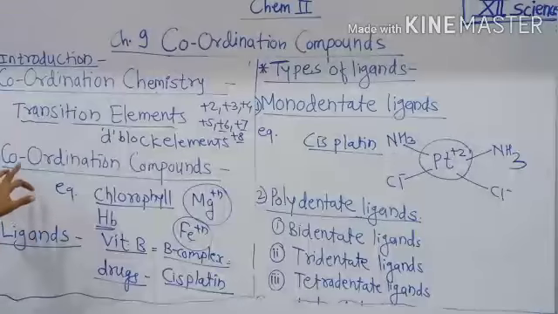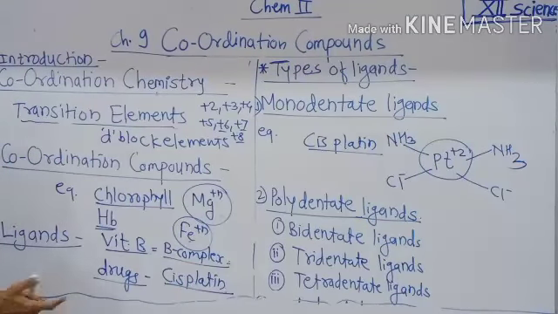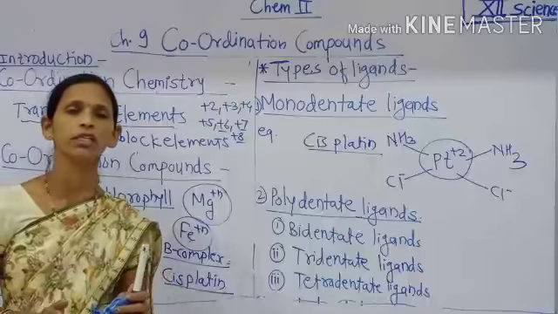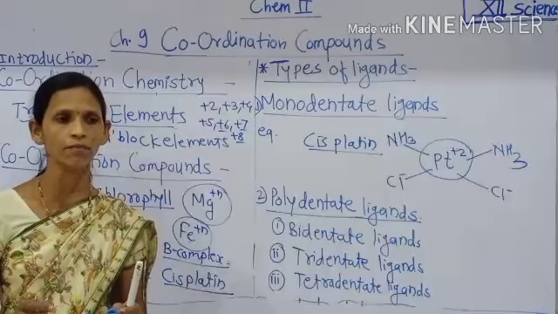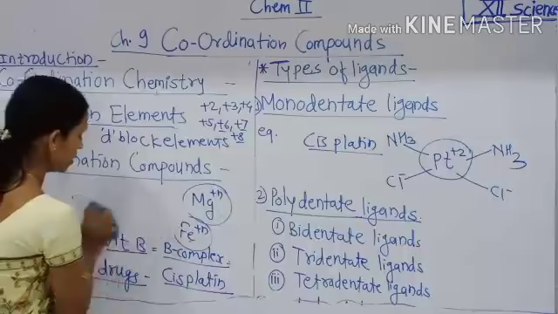Then see here, coordination compound. Then what is a coordination compound? A coordination compound is a complex compound which is formed by a central metal ion.